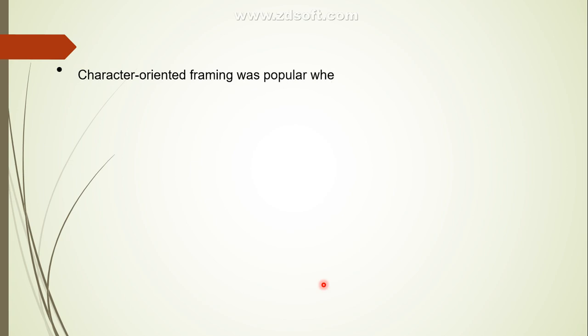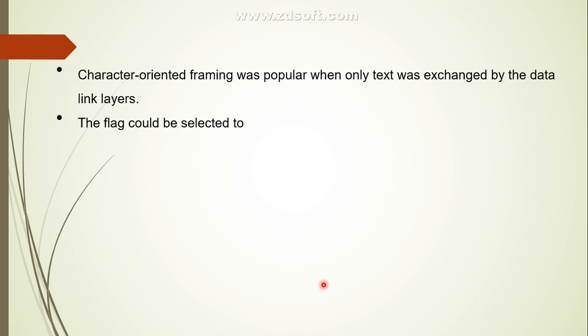Now, character oriented framing was very popular when only text was exchanged by the data link layers. So the flag could be selected to be any character that is not used for the text communication.